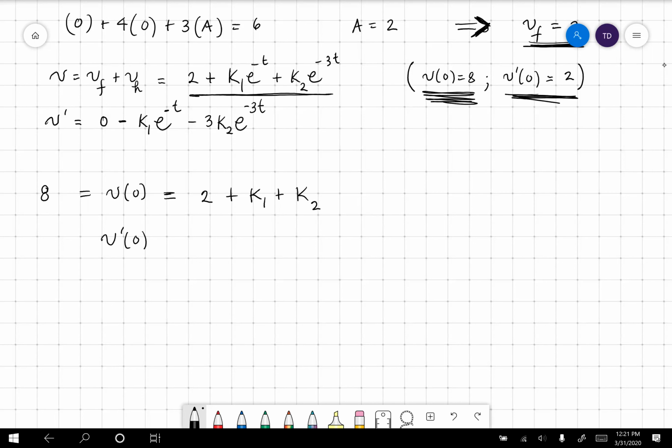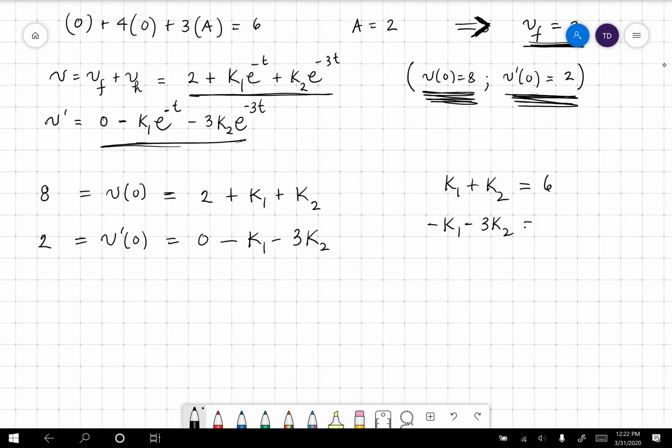From here, it's equal to 2. From here, it's equal to 0 minus k1 minus 3k2. Let's rewrite these over here. k1 plus k2 equals 8 minus 2, 6. Minus k1 minus 3k2 is equal to 2.